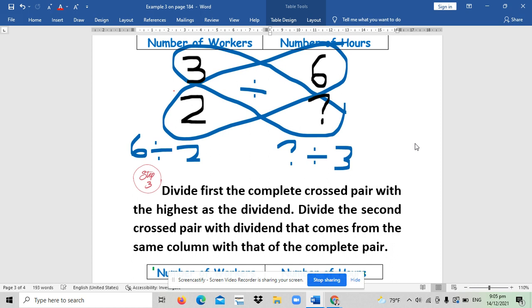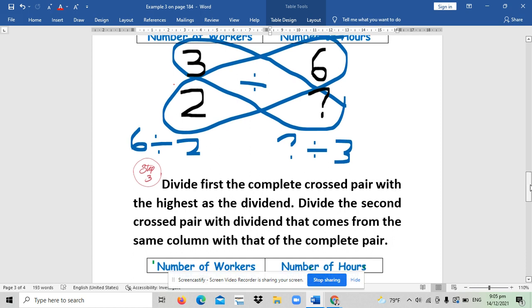The third step is to follow this one. You divide first the complete crossed pair. The complete crossed pair is 6 and 2, with the highest as the dividend. 6 is the highest, that's why you write 6 first before 2. And then for the second pair, divide with the dividend that comes from the same column as that of the complete pair.